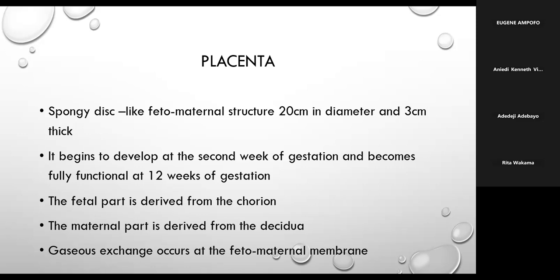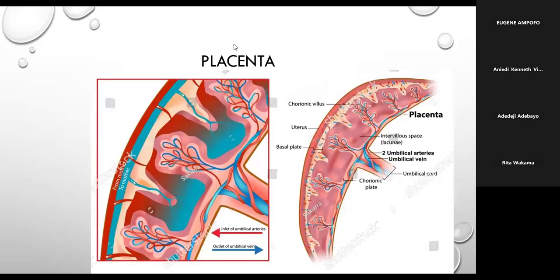This is the cross-section of the placenta. This is first the primary villi when it's just the cytotrophoblast. When the extraembryonic mesoderm extends into this part, it becomes secondary, and with the presence of blood vessels in it, it becomes a tertiary villi.